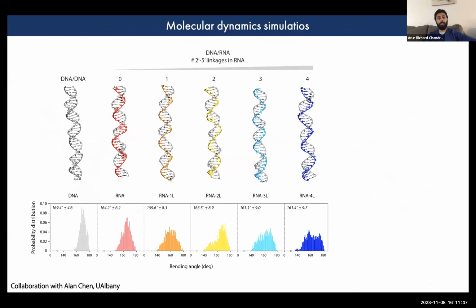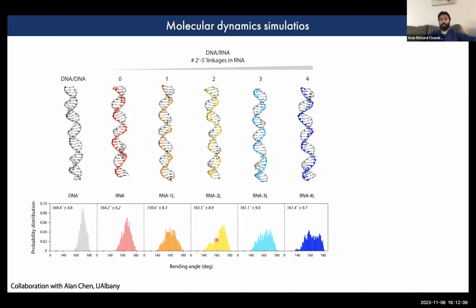We worked with Alan Chen at Albany Chemistry to also see how these linkages are tolerated in a duplex structure using molecular dynamics simulations. We simulated an all DNA structure and then a DNA-RNA hybrid where there were no 2'-5' linkages, or 1 to 4 linkages. And what we observed was a change in the bending angle dynamics.